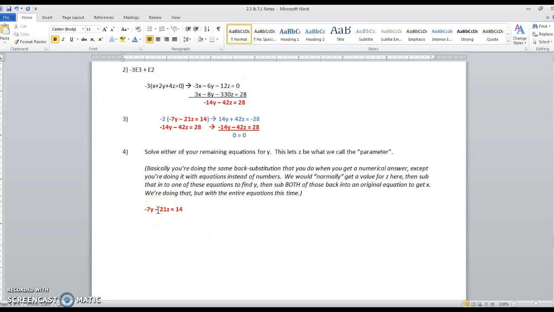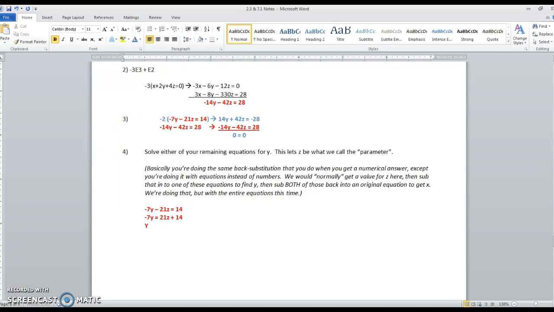So first thing I'd want to do is add my 21z over to the other side. So I'd get positive 21z plus 14. And then I would need to go through and divide everything by -7.